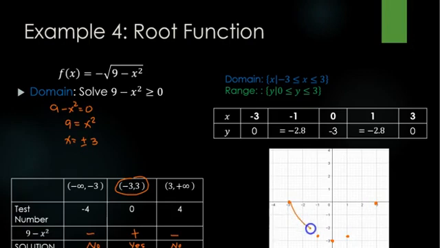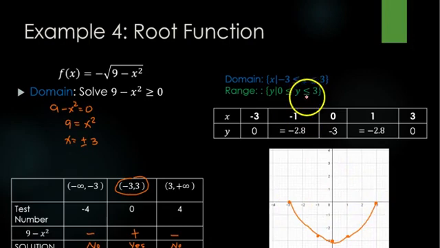So actually, this is half of a circle. The graph is half of a circle. If you want to have a more precise graph, then you can assign more points. Okay, so what happens to the range here? Why is this different from the examples that we have?